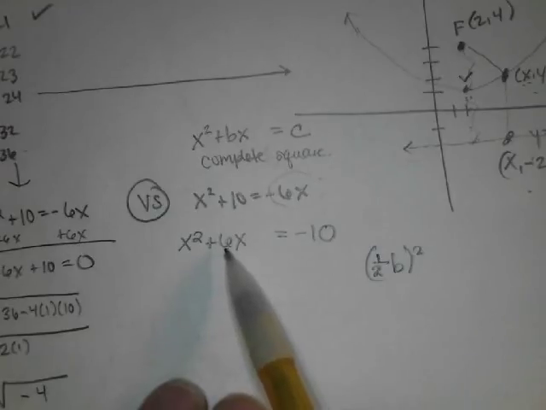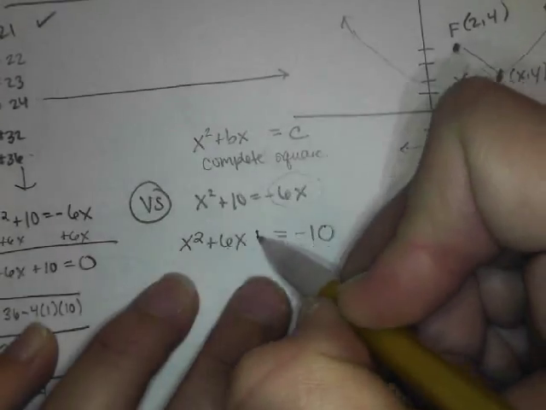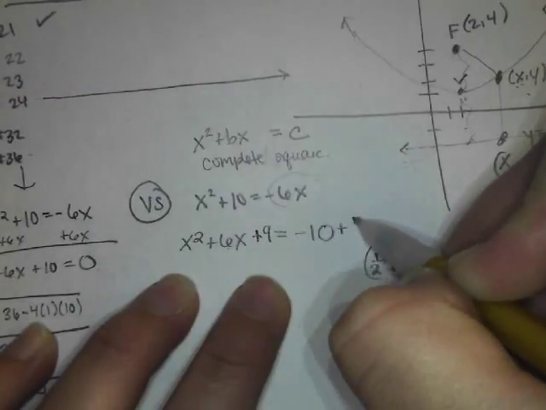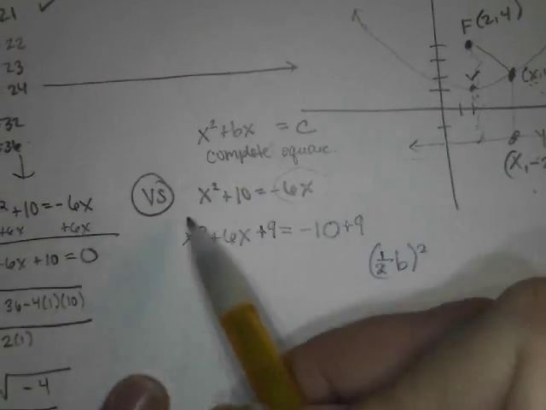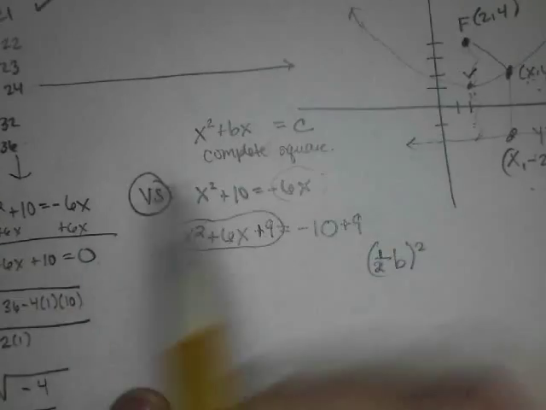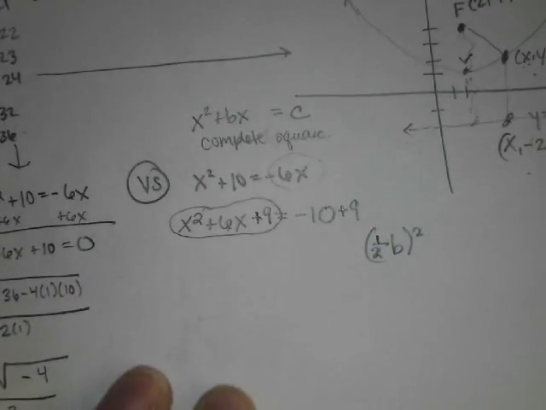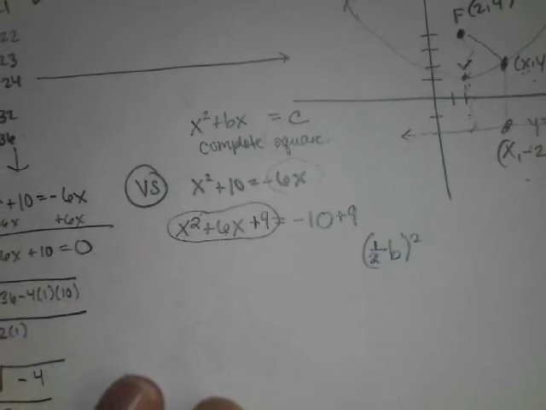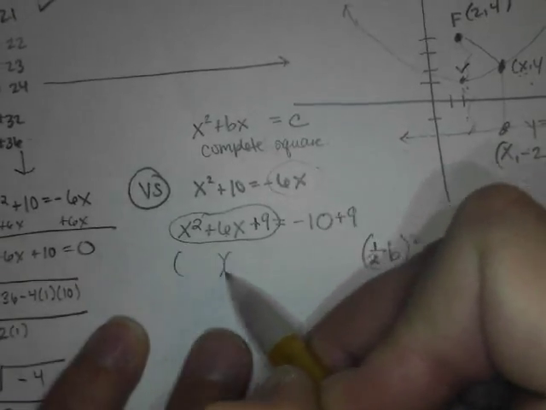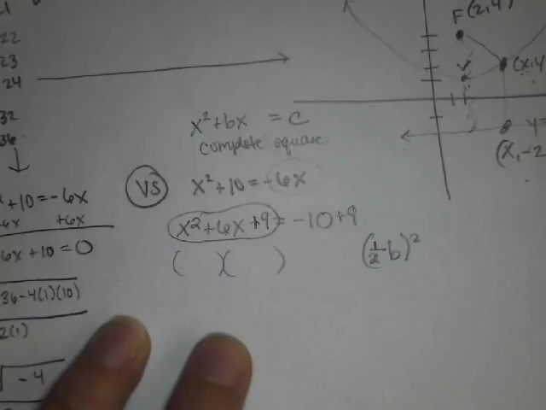What does it factor into, Alexis? X minus 3 and x minus 3, though, would make minus 3x, which would be negative 6x.